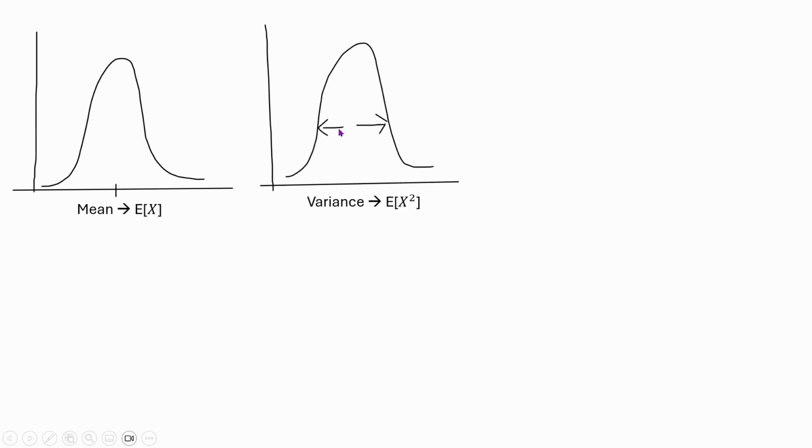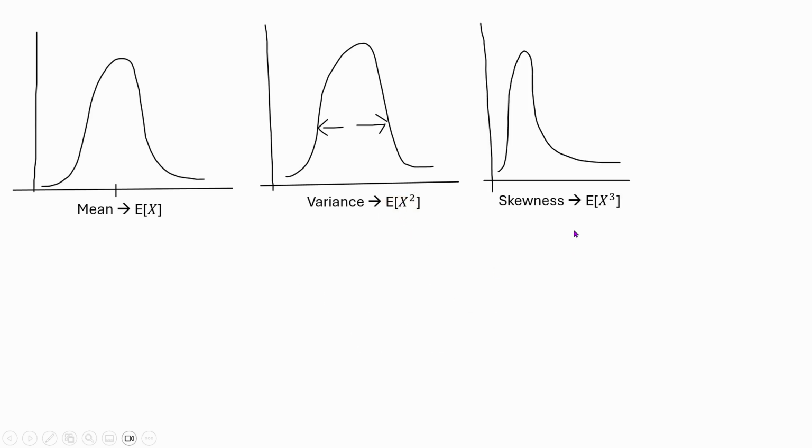Now, if you want to see how spread out this distribution is with respect to the mean, you need to get the variance. And variance is supposed to be expectation of x squared. I mean, it's not the formula for the variance. The formula is expectation of x squared minus expectation of x whole square. But basically what I'm trying to say is you require E[x squared] to calculate the variance.